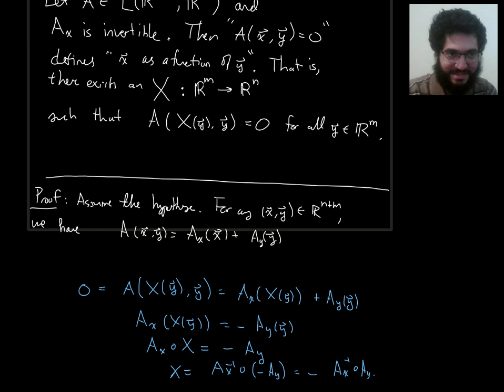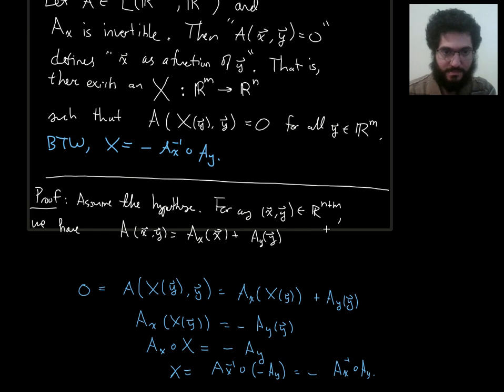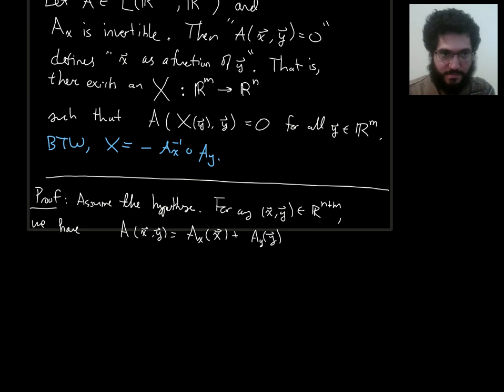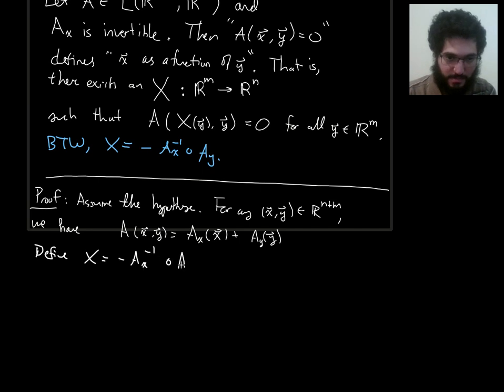Okay, so let me add to the theorem statement. By the way, X is just that. Okay, now proof. Define X to be that. Then let's prove that this works.